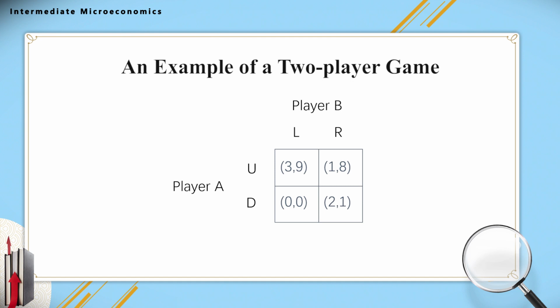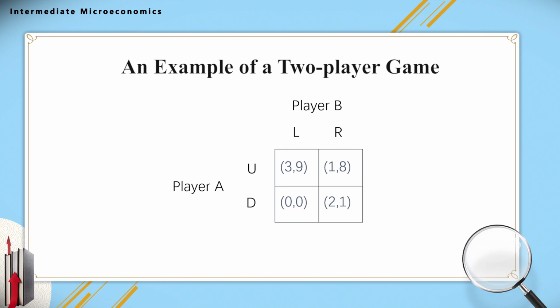Usually, the strategy of player A is written on the left of the column, and the strategy of player B is written on the top of the row. The four boxes of the matrix represent the corresponding payoffs of the players. The first number in each box is player A's payoff, while the second number is player B's payoff. Expressing a game in this way is called normal form.